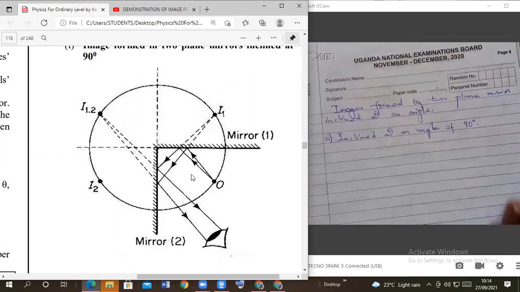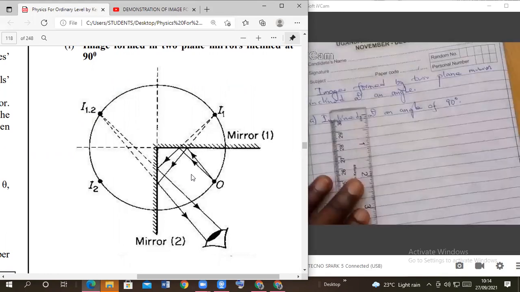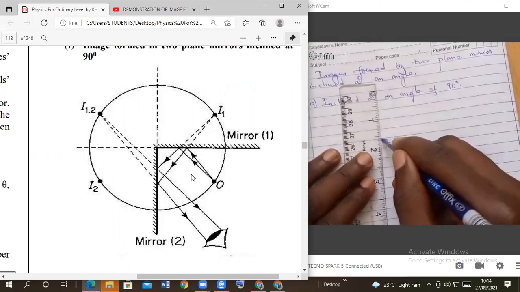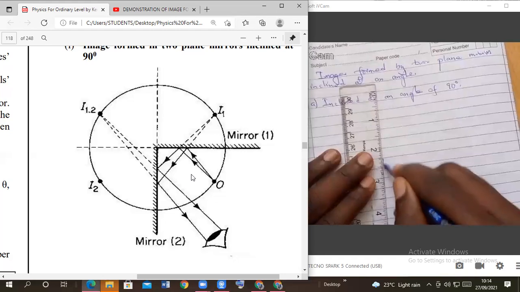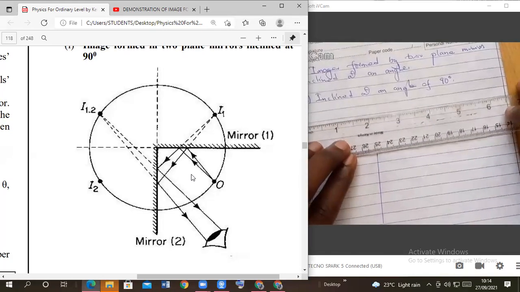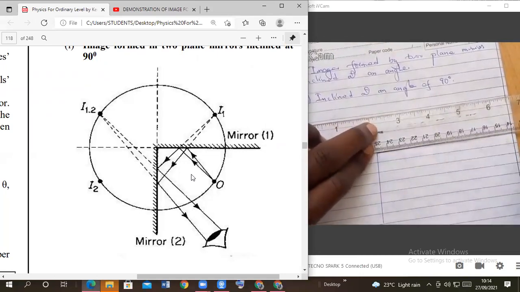Let's draw it with a compass so that we can see a good image formed. So let's start by drawing the mirrors. So we have two plane mirrors, which are inclined at an angle of 90 degrees.